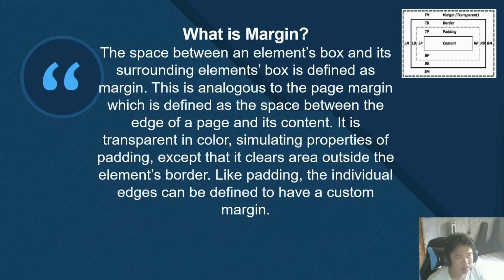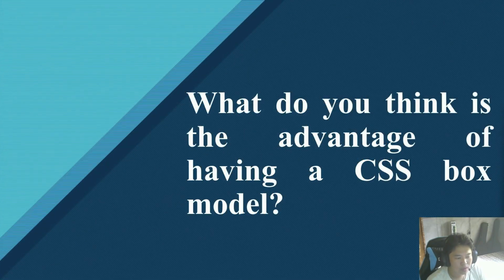So same as the mga border, so dili kay siya ingon nga visible jud sa imong actual nga website. So more on to like positioning, spacing ra jud ang gamit niya sa mga margin, border, sa mga padding. Okay, so what do you think is the advantage of having a CSS box model?